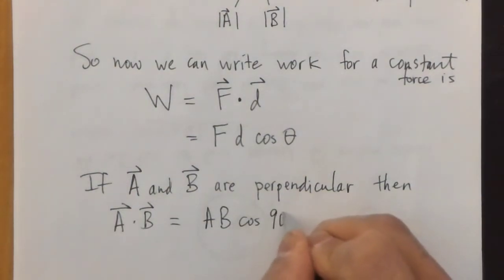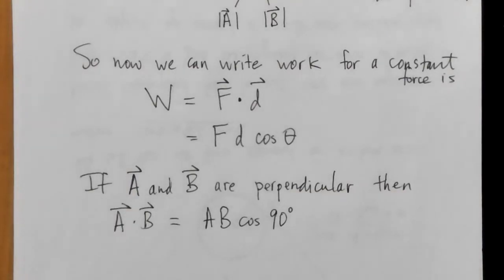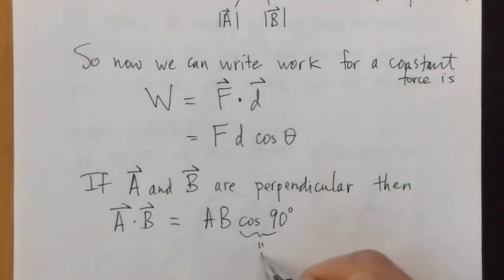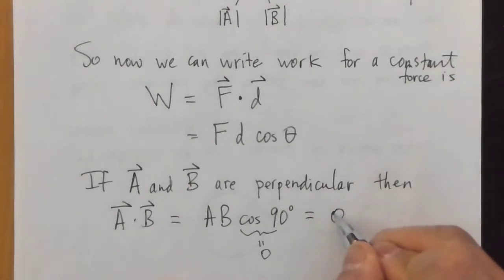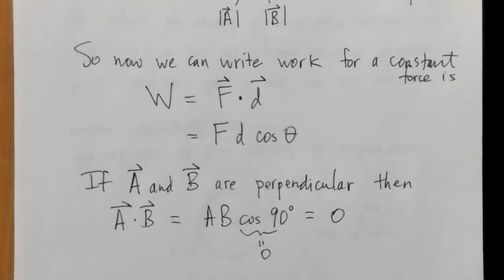That angle is 90 degrees, and the cosine of 90 degrees is 0. So the dot product of two perpendicular vectors is 0.